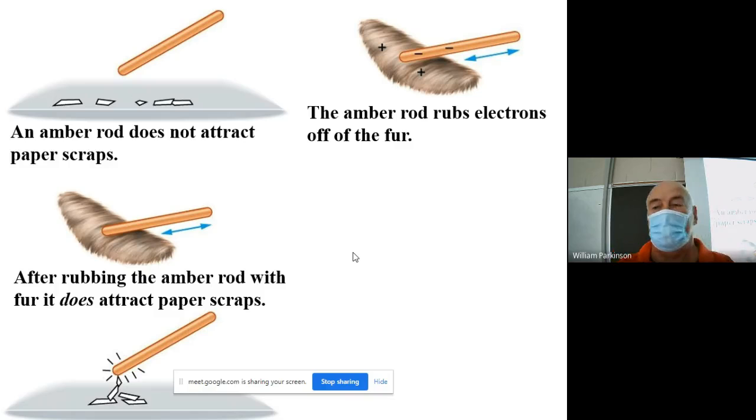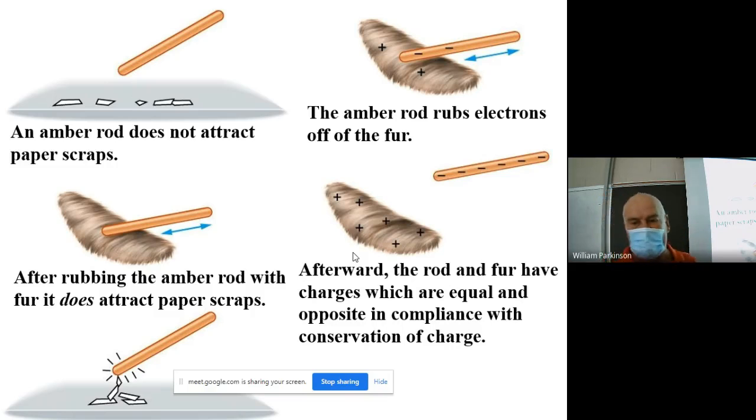Okay, so the electrons leaving the fur make the fur positive. The electrons deposit on the rod, making the rod negative. And now what is happening when I take that away, the rod is negatively charged and now has the ability to attract the paper.